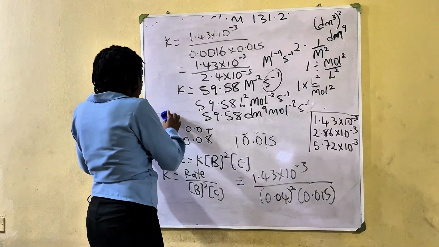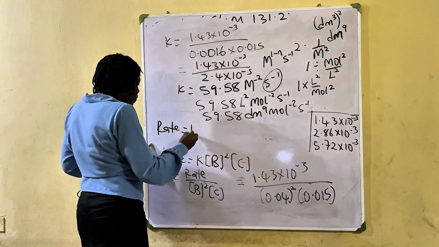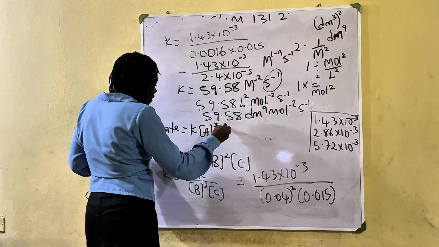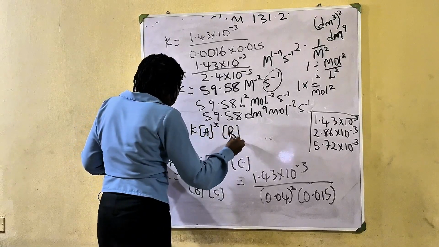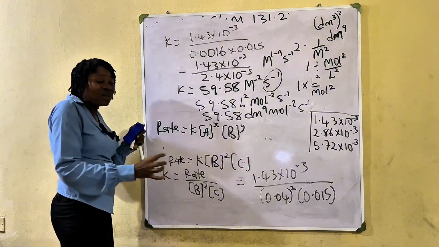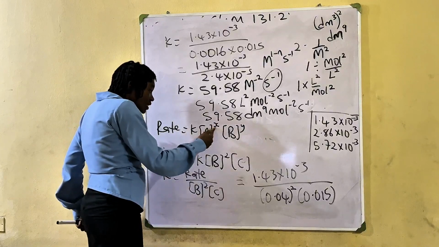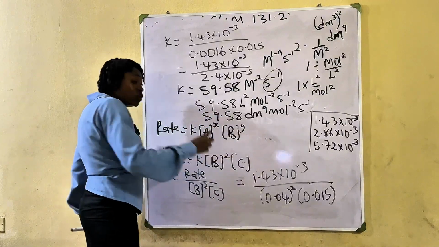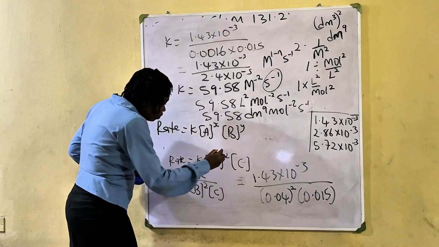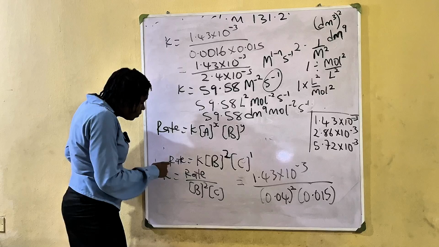When you write this, rate is equals to, you now put your k, for example, put A raised to the power x, and B raised to the power y. So this is the rate law. But you have to find the order of reaction. You have to find this x and find this y. Follow the procedure we did. At the end, our x, we got 2, and this one is 1. So this is the rate law.